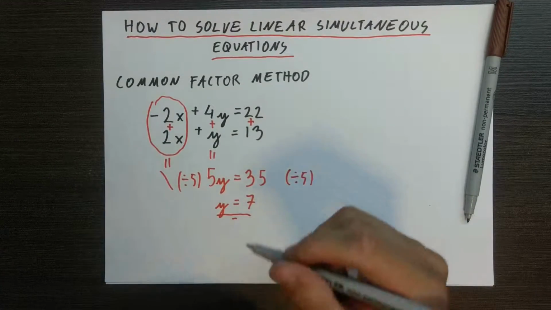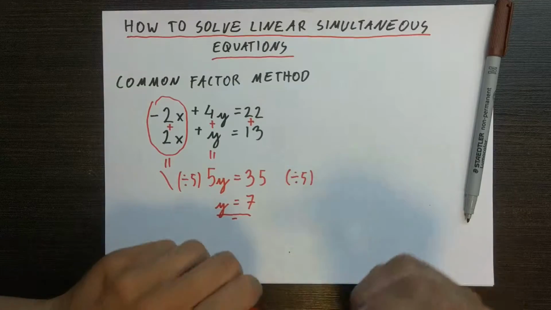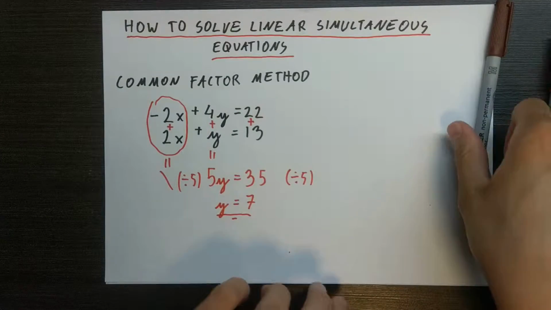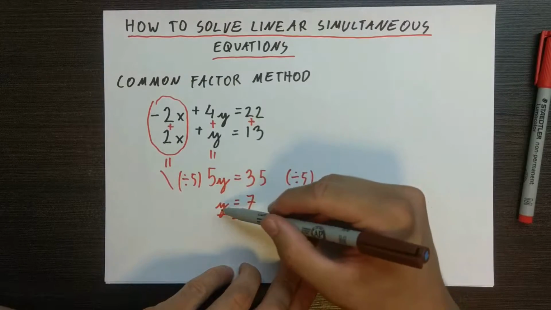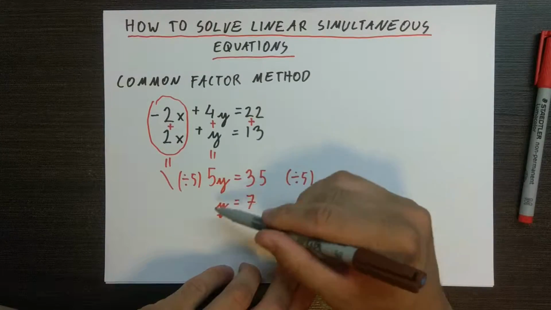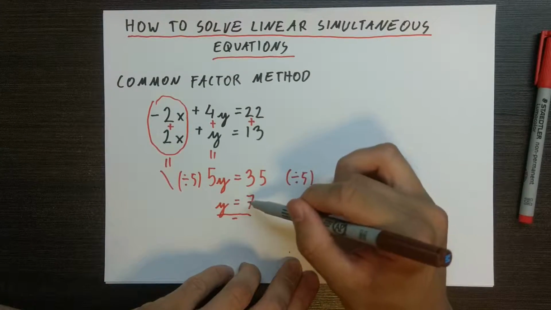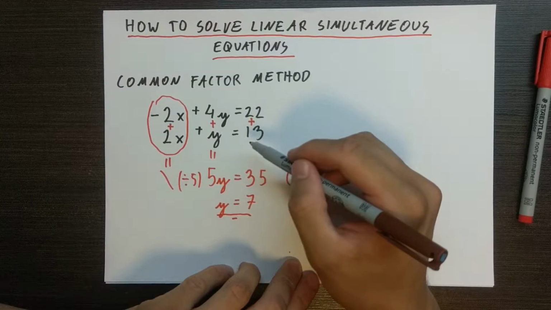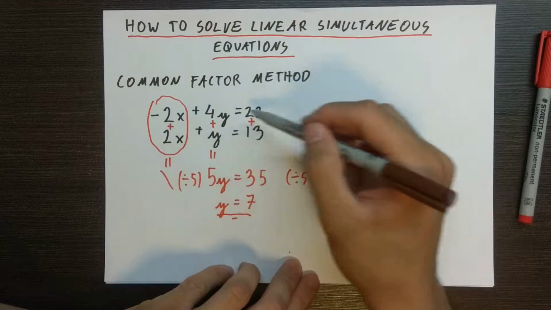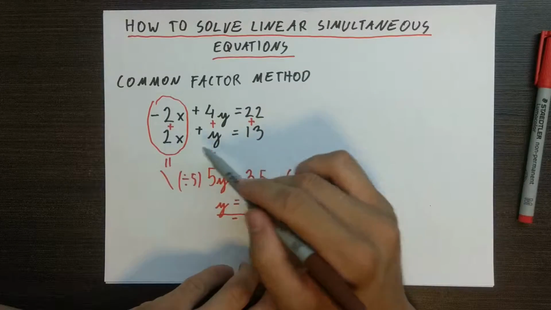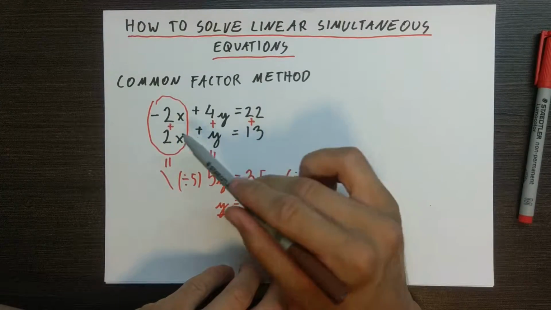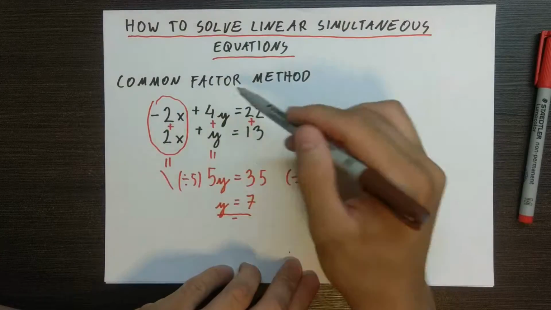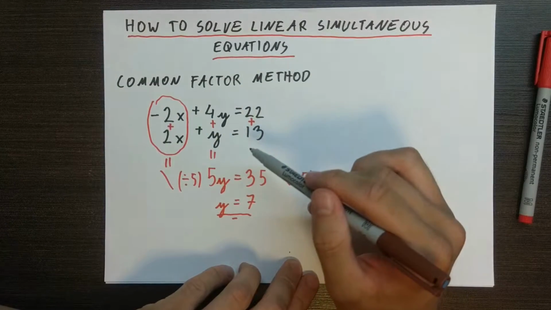However, now we need to go back and find out an answer for x. So the easiest way to do this is to substitute this answer back into an equation. So we can pick either equation that we like. This one looks a bit simpler to me. Lower numbers, it looks a bit simpler, so I am going to go with this one, but we can pick any one of those two.